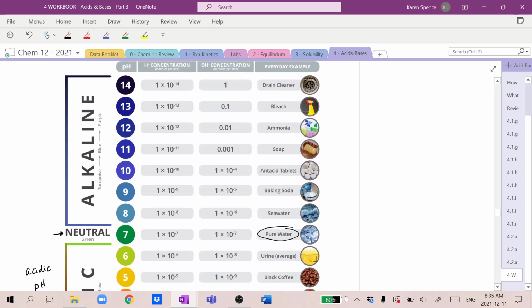Anything above pH 7 is alkaline, or another way of saying alkaline is basic. So a basic pH is pH greater than 7. In other words, a pH is high if we have a basic pH.